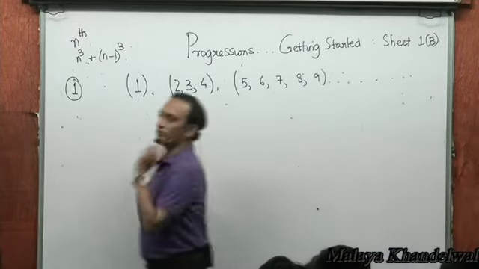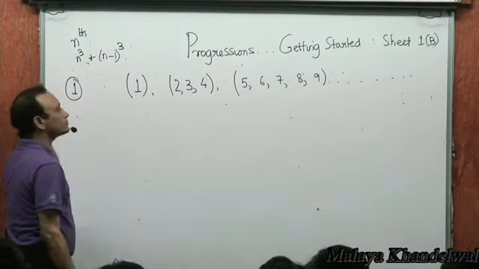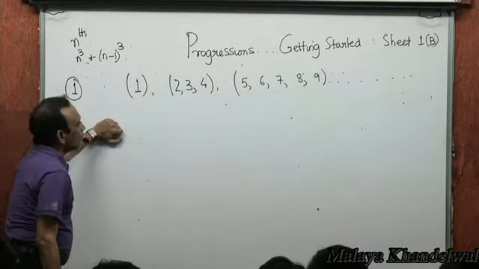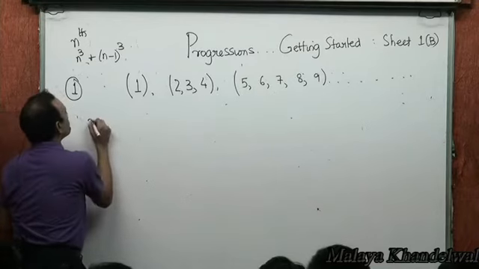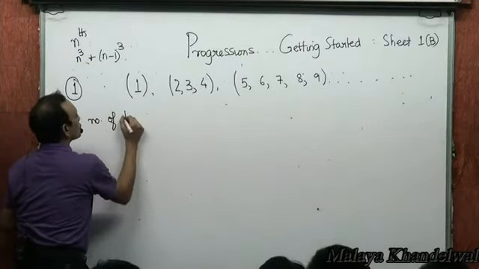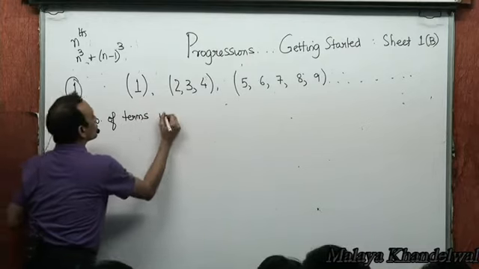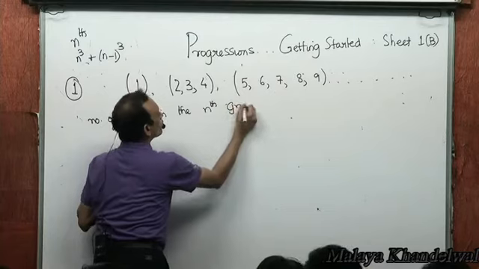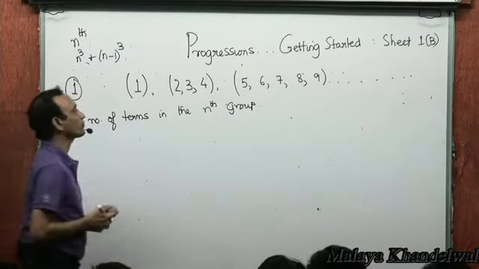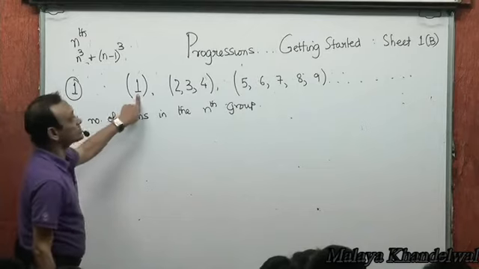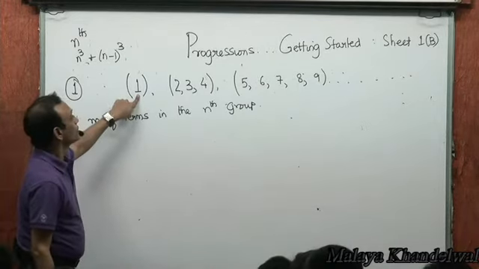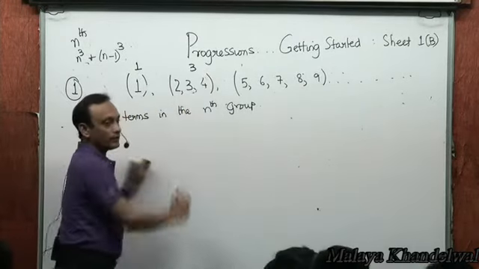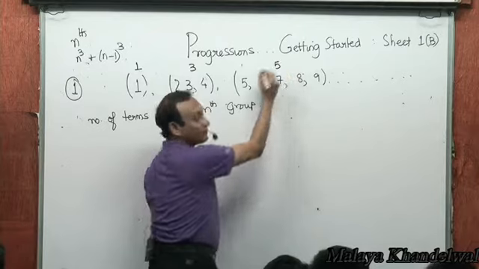So now a few simple observations. The number of terms in the nth group: in the first group there is one term, in the second one 3, then 5.